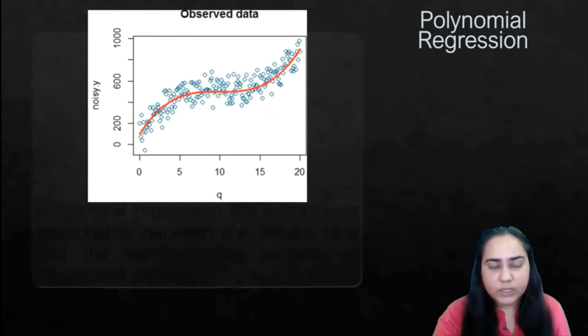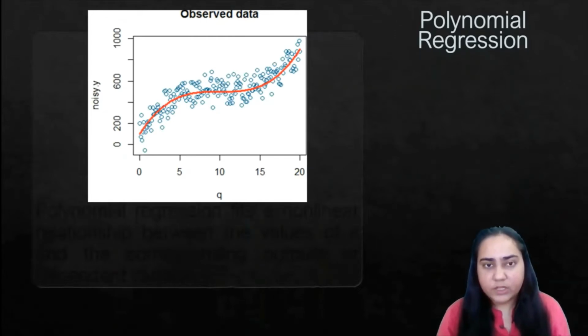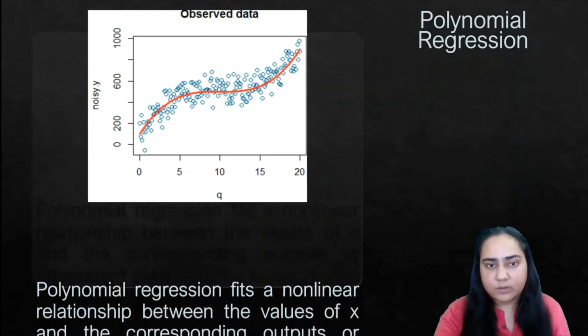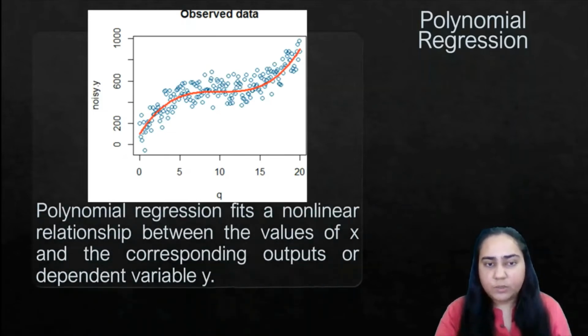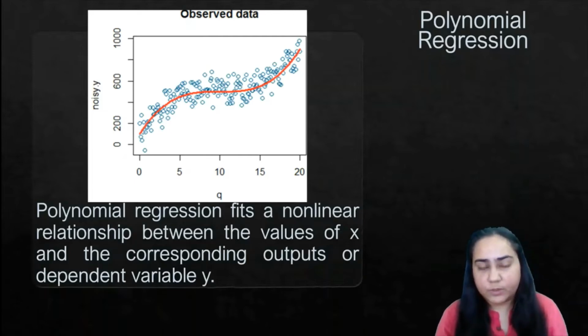And you can see this is the type of data that I want to fit. And probably for this kind of data, if I were to use a simple linear regression with one straight line, then there would be a lot of errors, random noise, and that wouldn't be a very fit model for this kind of data. So polynomial regression would fit a non-linear relationship between the values of x and the corresponding outputs or dependent variable y.